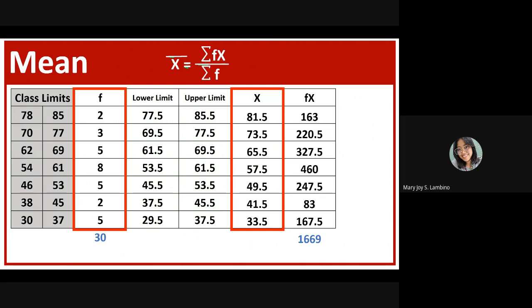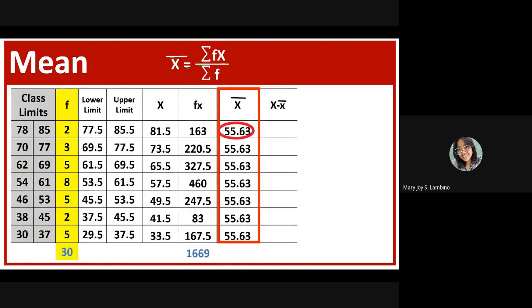Let's get the summation of it, which is 1,669. Therefore, we will get the mean: 1,669 divided by 30 is equal to 55.6333, or simply 55.63.